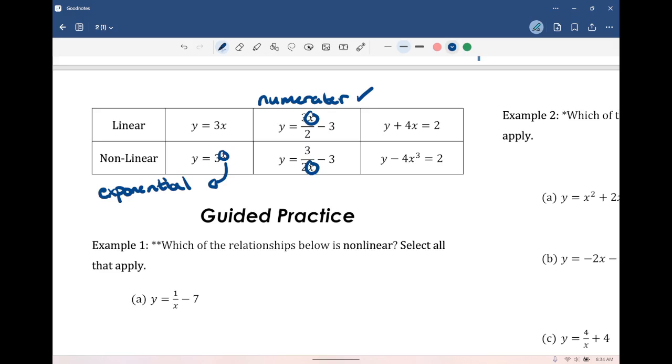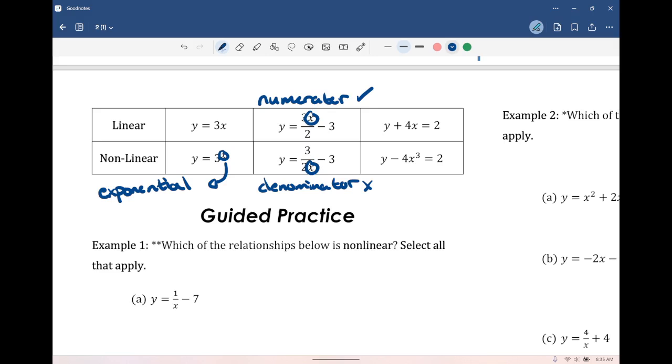Underneath, it is in the denominator. So if we're thinking about things that are linear and things that are not linear, numerator is linear, denominator nonlinear. Denominator also creates an interesting set of curves on the graph.